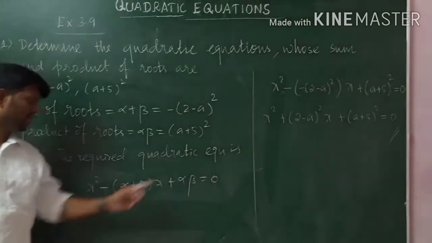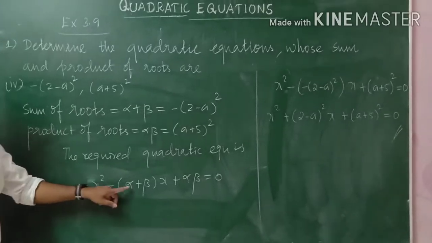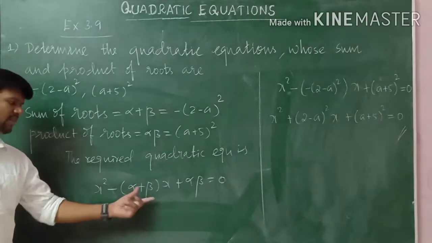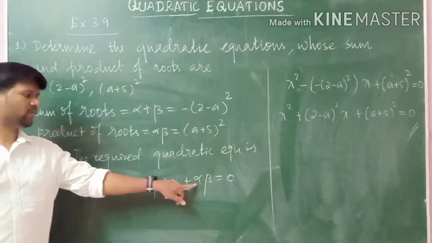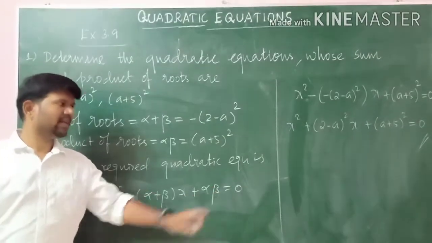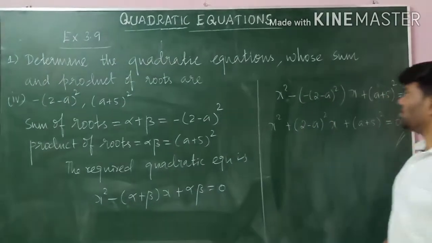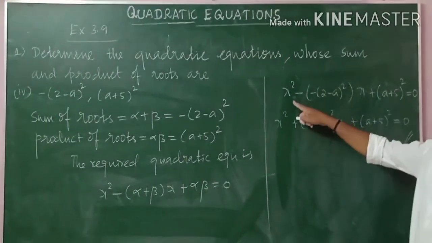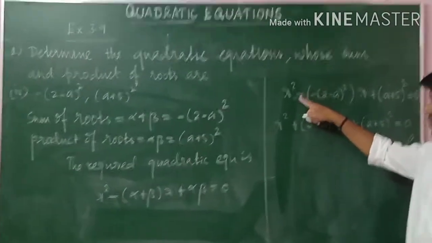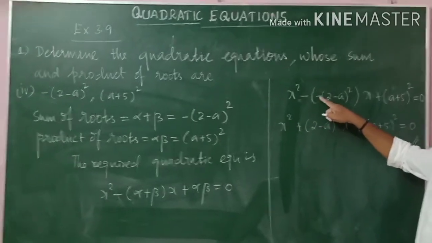The required quadratic equation is x square minus sum of roots into x, that is (alpha plus beta) into x, plus product of roots alpha into beta equal to 0. Here sum of roots, what? Minus (2 minus a) the whole square. So x square minus, this is the formula minus, and what is alpha plus beta?